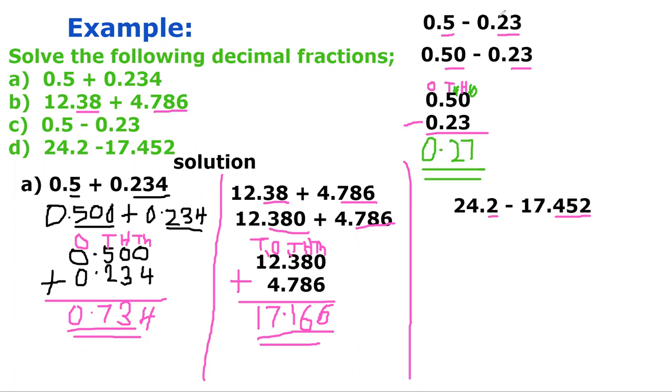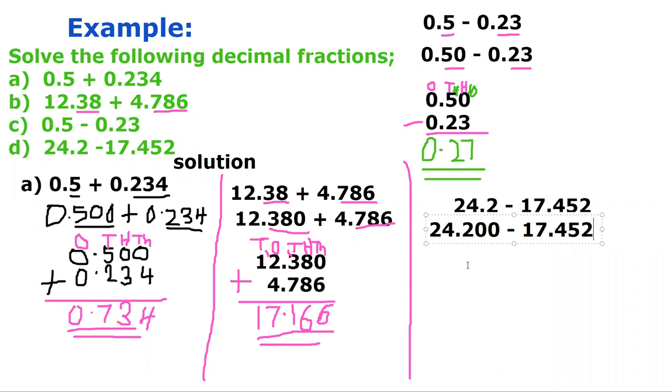So let's write our new balancing, which will be 24.2 and then 2 zeros so that it will balance with the other one, minus the 17.452.